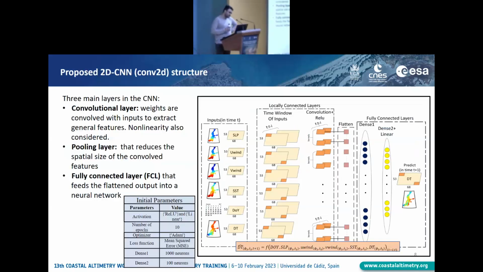About the proposed model structure, I named it the Conv2D model. First, we have different sources of data, so we made a sliding window of the inputs, and then we go to the main layers of the Conv2D, which are the convolutional, pooling, and fully connected layers.